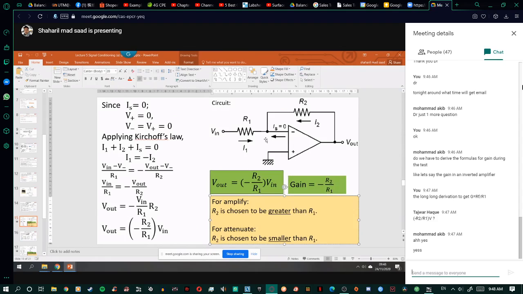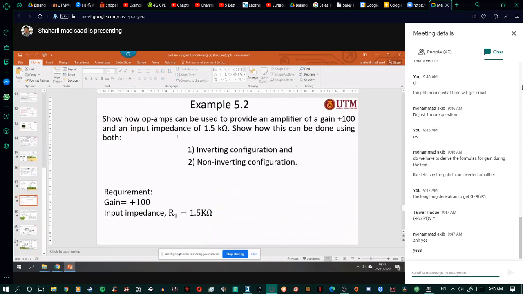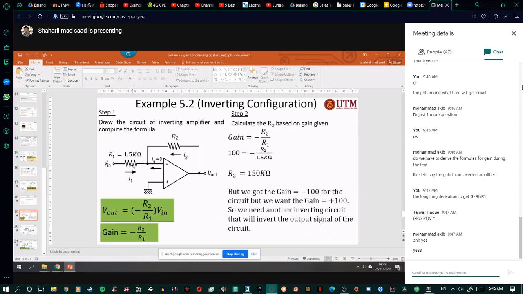The input impedance for an inverting amplifier is this one. You can see that in the slide, right? For example, the input impedance for the inverting amplifier is 1.5 kilo ohm, so 1.5 kilo ohm is here, and then you can get the gain and so on.